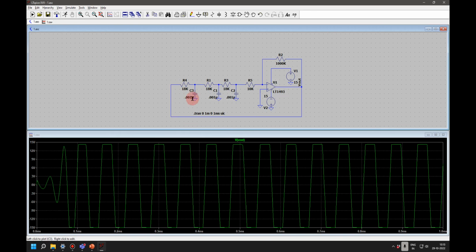Otherwise, I won't even know what the problem is. So when you are doing a simulation, first set the gain very high and get some results. It will be in the form of a square wave, and in the square wave itself you can see the frequency also. So once you set the frequency, then slowly you can reduce the gain and get the desired oscillator.